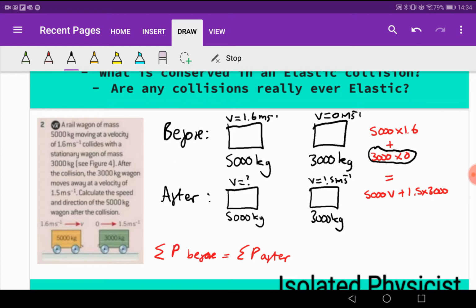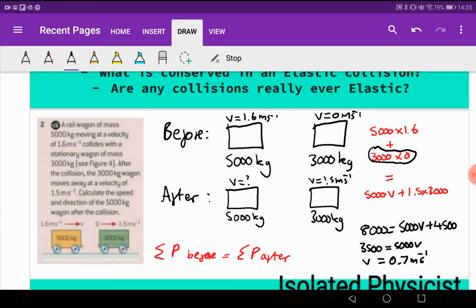That's 8,000. So we know that 8,000 must equal 5,000 V plus 4,500, which is 1.5 times 3,000. Subtracting 4,500, we get 3,500 equals 5,000 V. Therefore, V equals 3,500 over 5,000, which is 0.7.